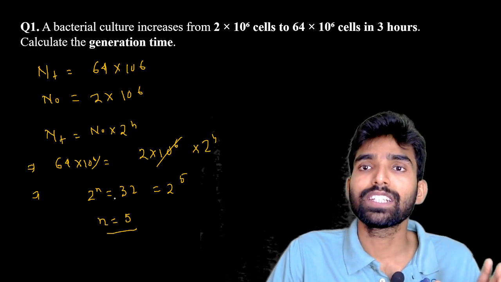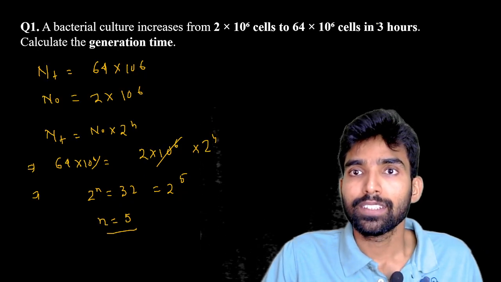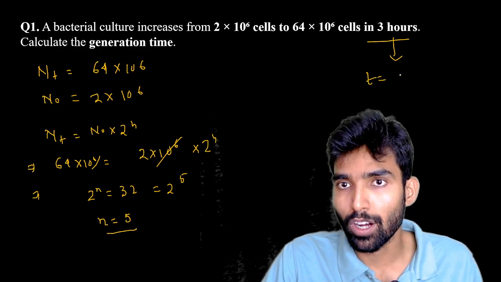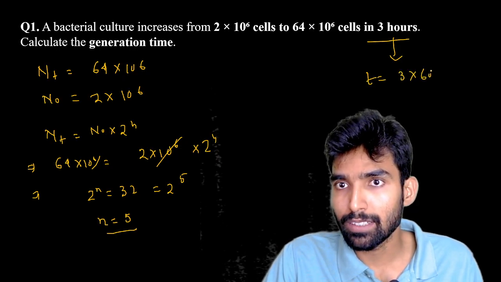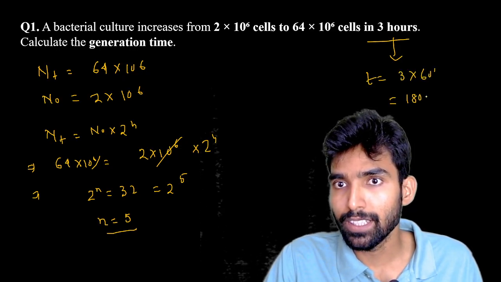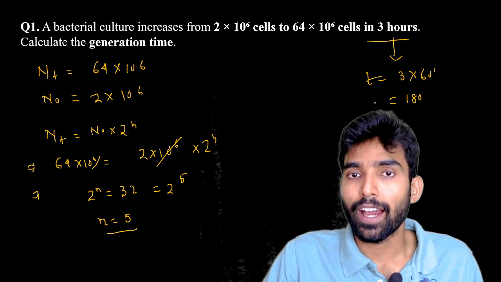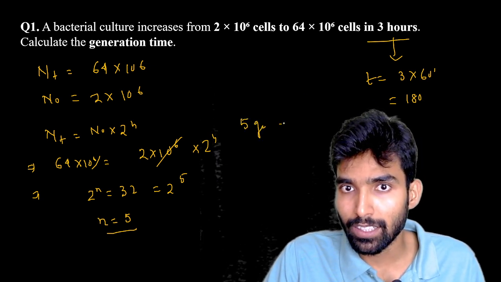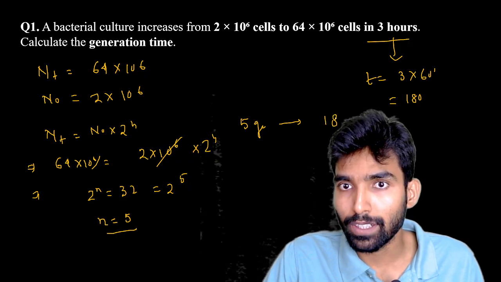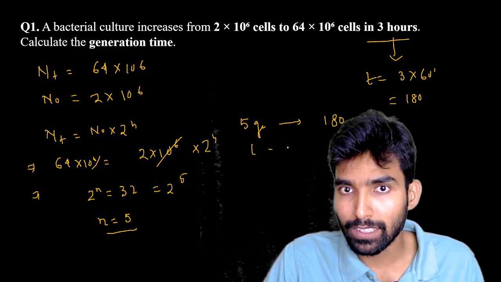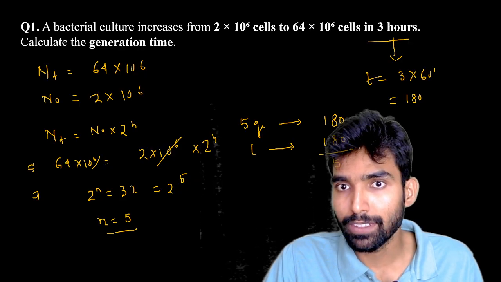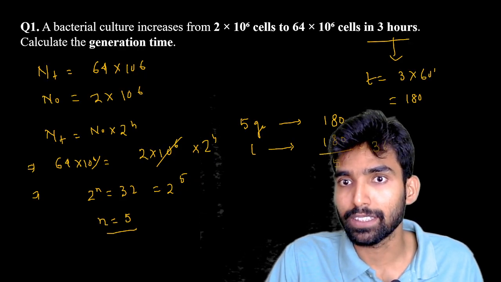So 5 generations have been completed within 3 hours. 3 hours means total time t equals 3 into 60 minutes, that means 180 minutes, right? So 5 generations have been completed within 180 minutes. That means 1 generation will be completed within 180 divided by 5, that means 36 minutes. You got it?